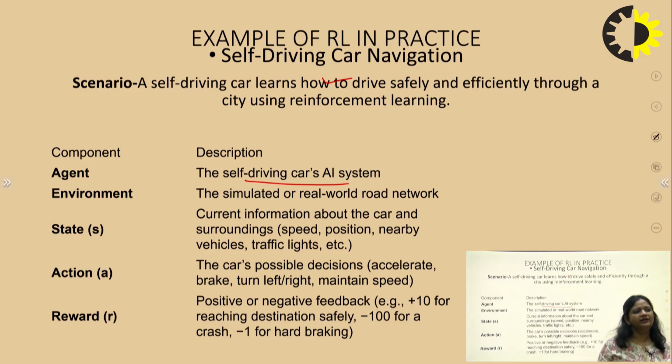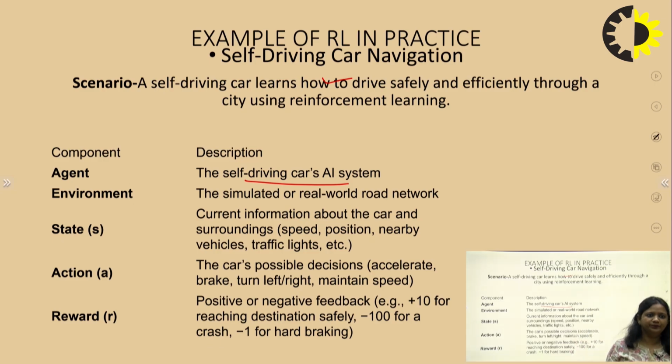State: current information about the car and the surroundings. What is the current state of the agent? The information about the car and the surroundings: what is the speed, how to maintain the speed, the position, nearby vehicles, traffic lights. The basic information or the current situation is defined by a state.